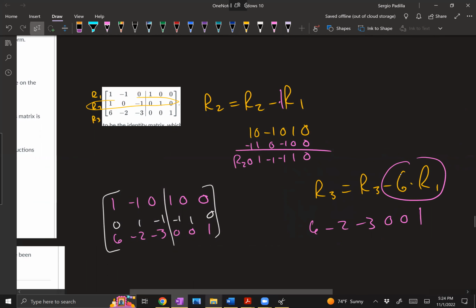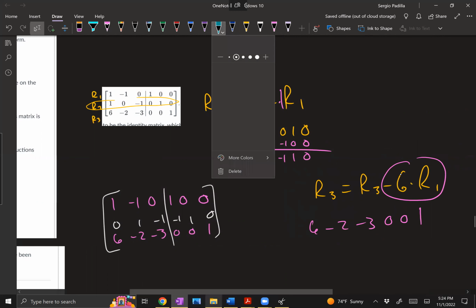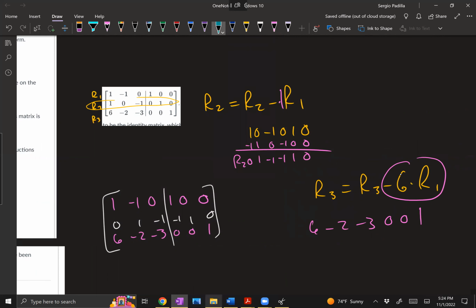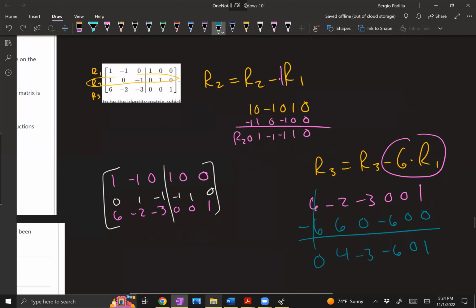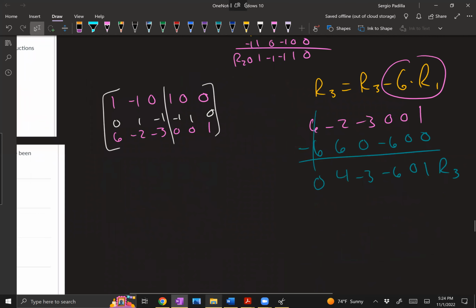I'm going to multiply row 1, all of those, by -6, so I'm going to get -6, +6, 0, -6, 0, 0. Then I'm going to add these together. This is going to be 0, 4, -3, -6, 0, 1. This is my new row 3.